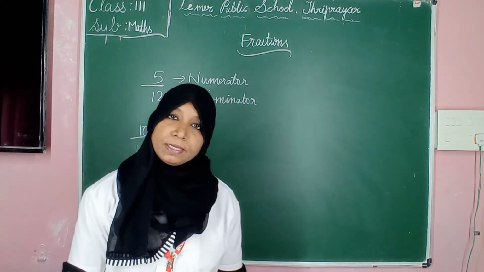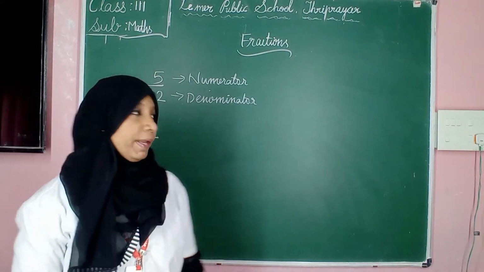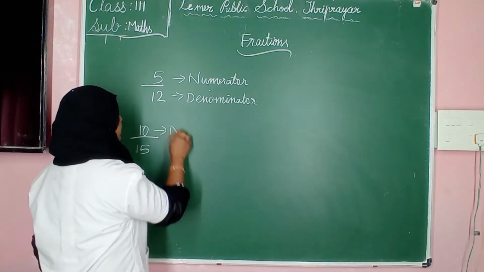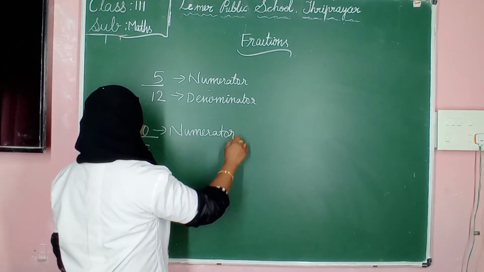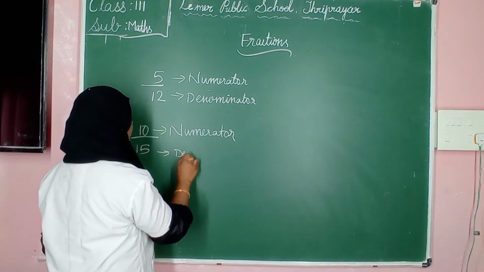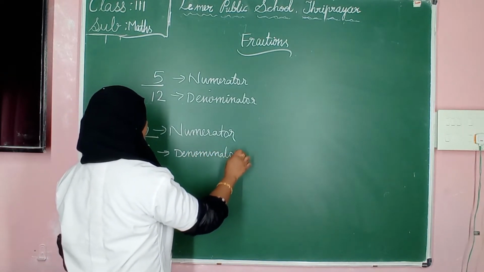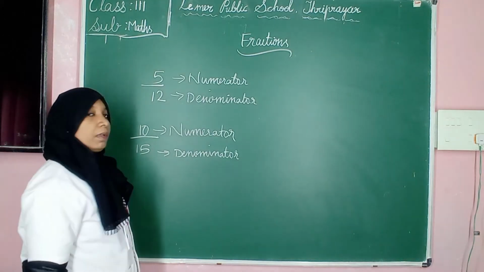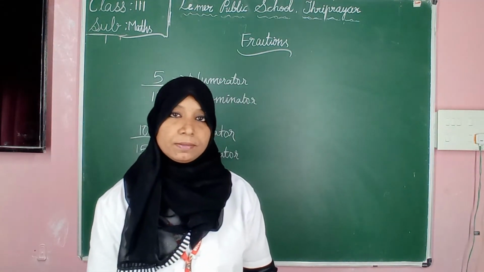What is the numerator? Yes, numerator is 10 and 15 is the denominator. So you know what is numerator and denominator of a fraction.